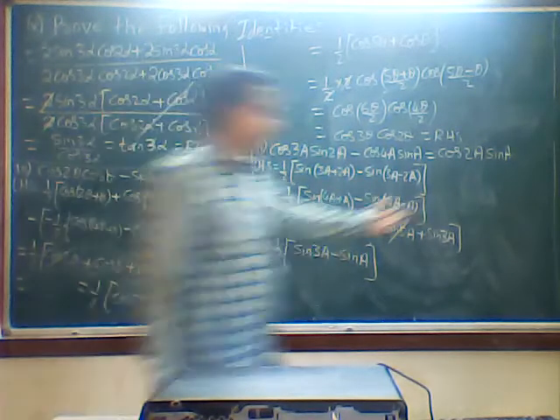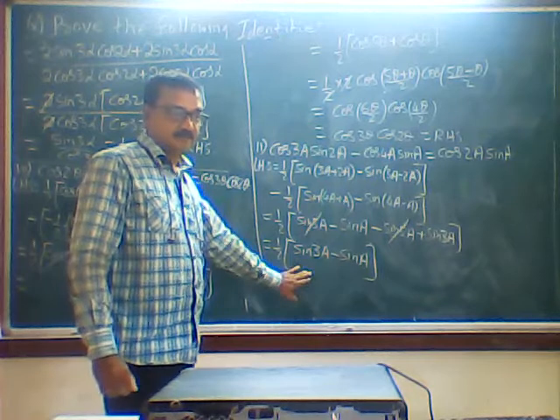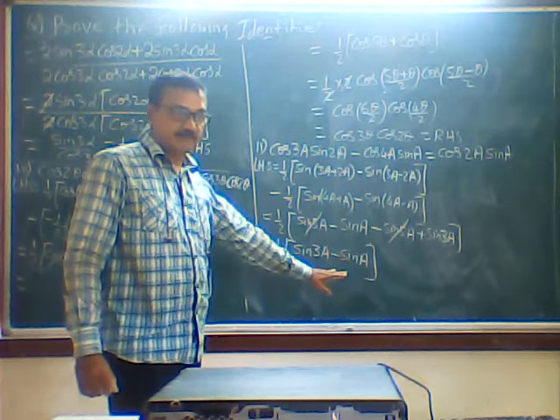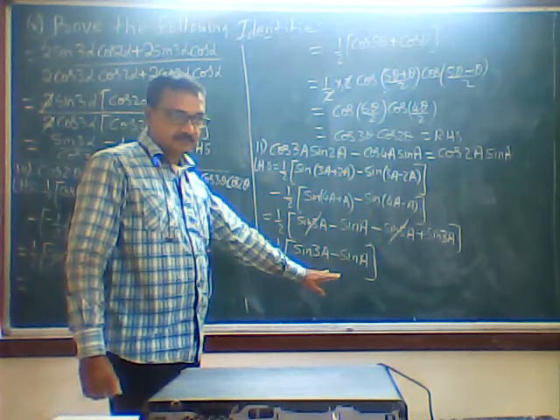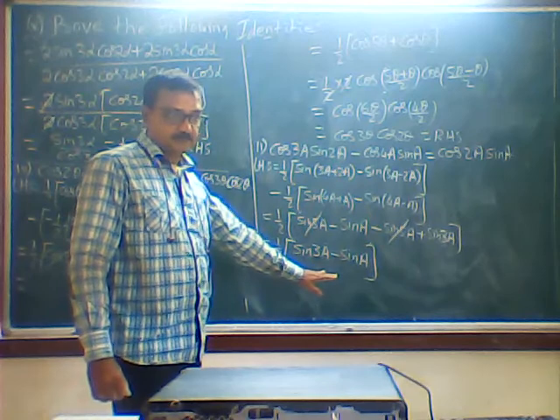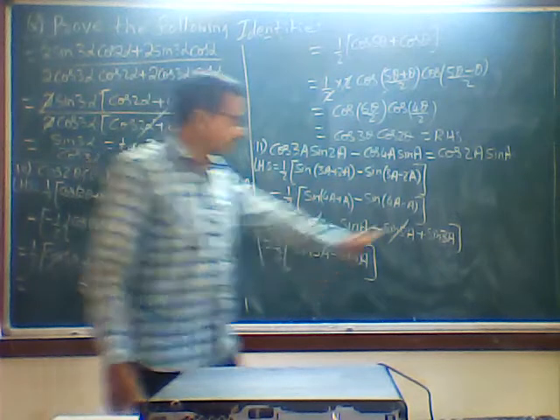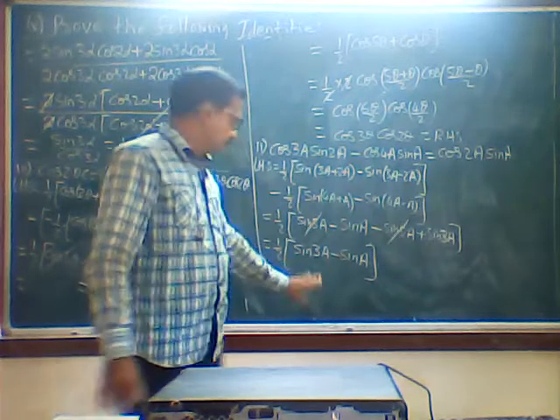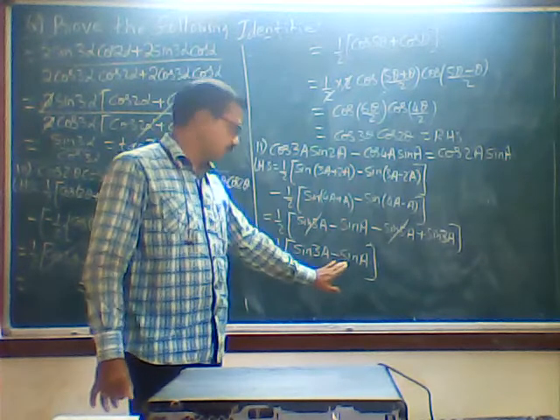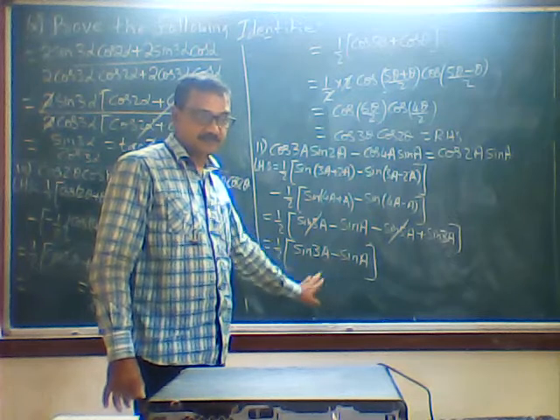Sin 3a minus sin a. So now I have to get this answer. This is nothing but the sin C minus sin D formula, your second formula, transformation of sum or difference to product. You want the answer in product, right? So sin C minus sin D means first cos will come, then sin will come.